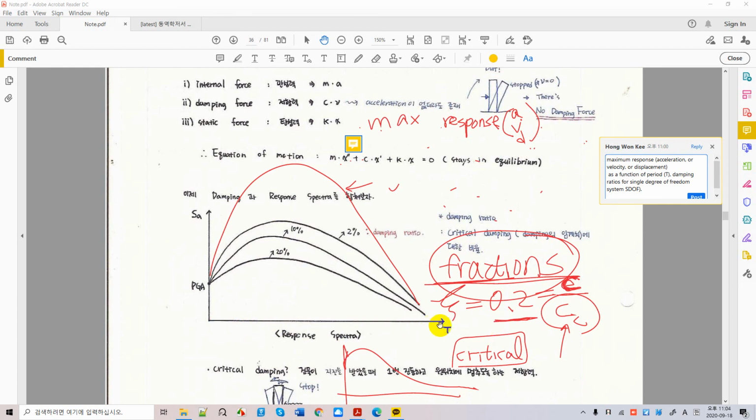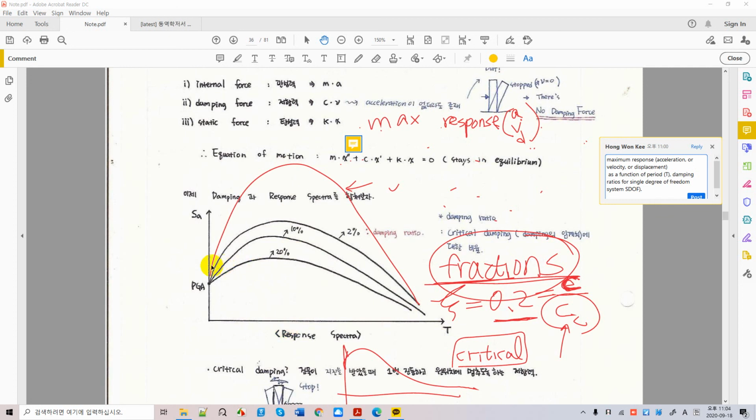So when your period of building is very small, then you are here at PGA. When you have a very big period of the building, because your building is very flexible, then your acceleration response goes to zero, like this, right? And here you have a resonance plateau, resonance conditions, right?